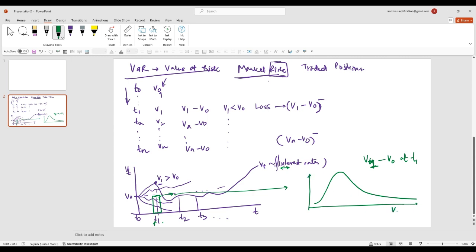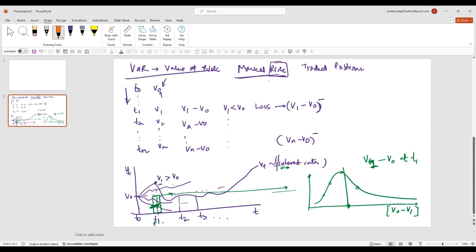We try to measure V naught minus V1 because we are interested in the negative side. So I just flipped this to V naught minus V1. And you say this slice, the different points in this slice are these points. So on average, let's say if this is the loss you are expecting, then this translates into the mean loss here, into this point here.